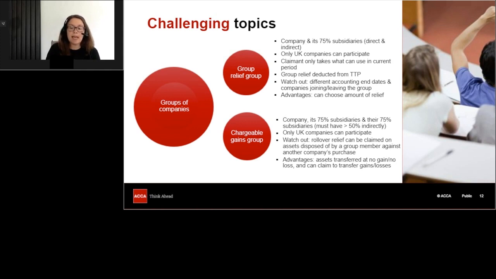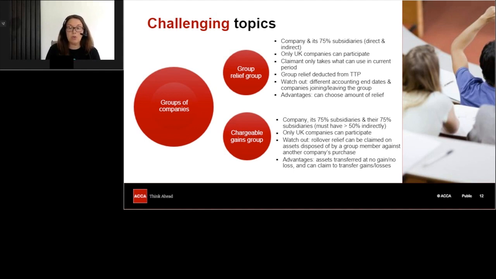So if we had company A at the top, that's the parent company, and it's got a 75% shareholding in company B, who in turn has a 75% shareholding in company C, who in turn has a 75% shareholding in company D, then we need to decide which ones are going to be in a chargeable gains group together.